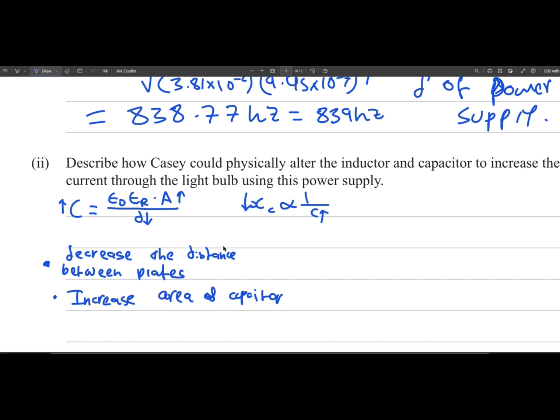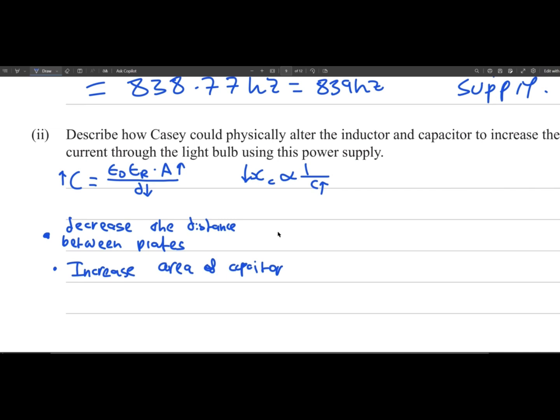We also know that our flux is equal to BA, and also that EMF is negative N times L times dI by dt.